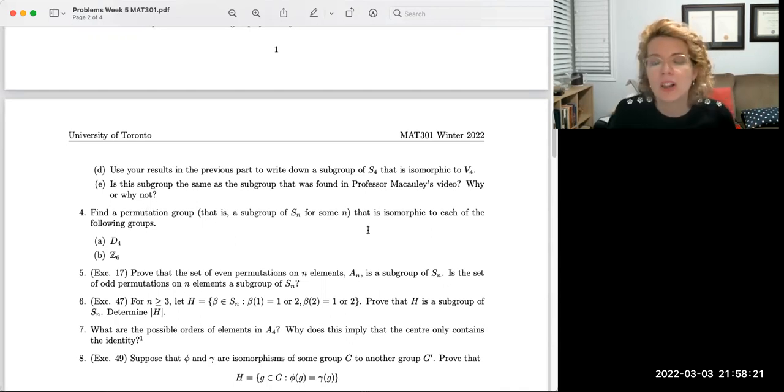So assume that you have an element of order 2 in the center. Let's call that element alpha. So an element of order 2, alpha, is in the center. If that element is in the center, that means it commutes with everything.